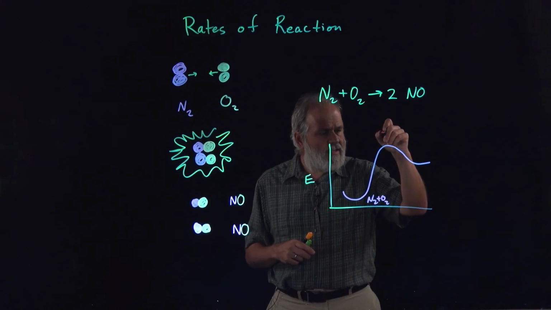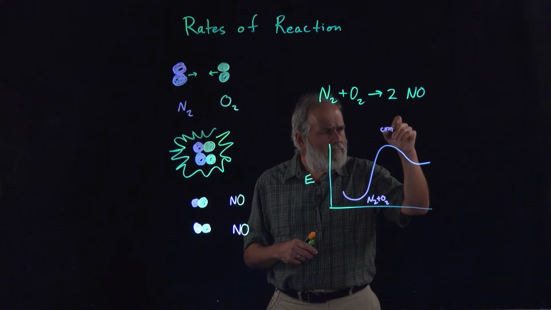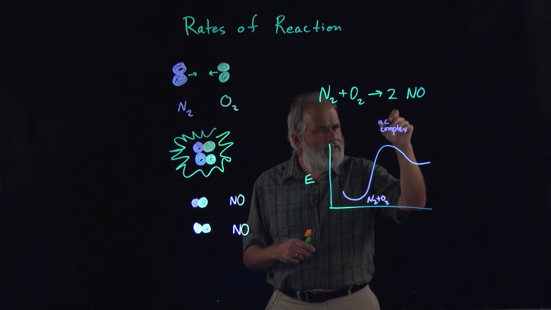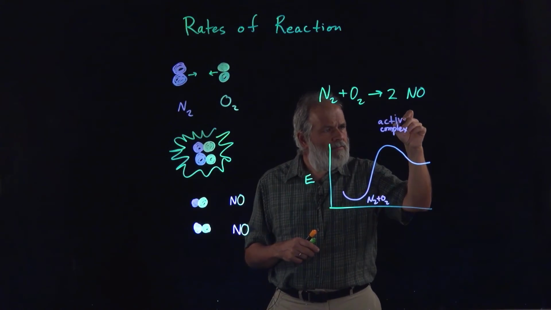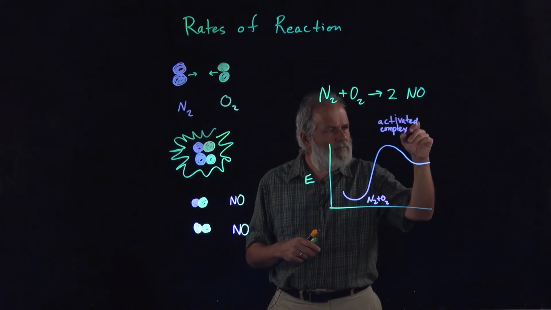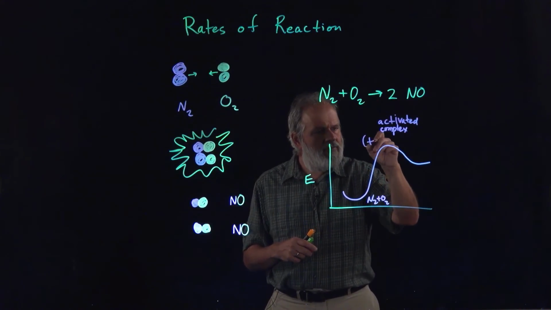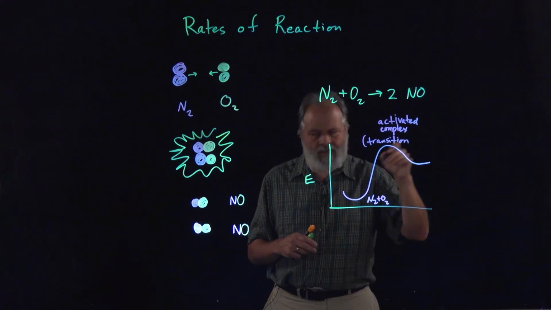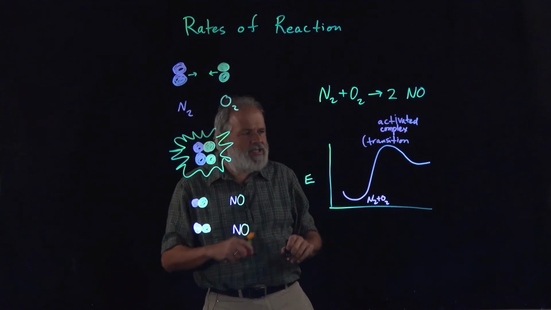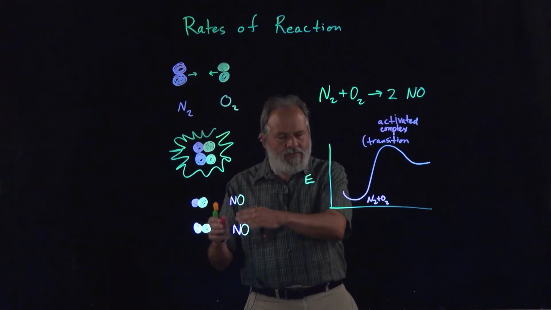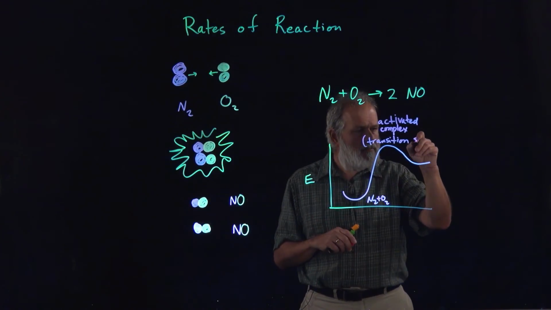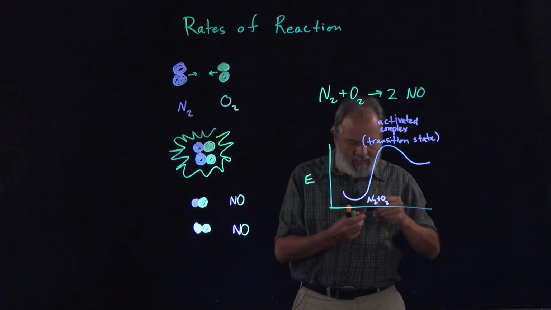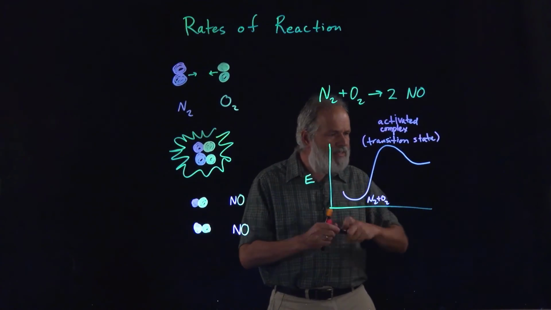And so this is the complex. It's the activated complex, or the transition state. So this is the arrangement of the atoms in this collision that's going to lead to products, maybe. And so the products would be here.